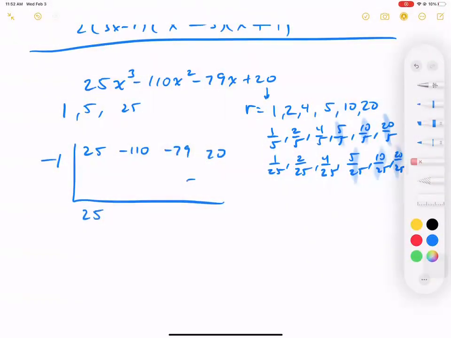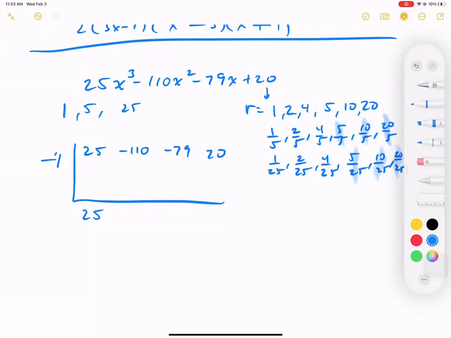Oh no, I'm almost running out of batteries. Next. Okay, let's try negative 1. So that becomes negative 25. This is negative 135. Do you think I'm going to end up at 20 by my next step? Nope. Keep going.